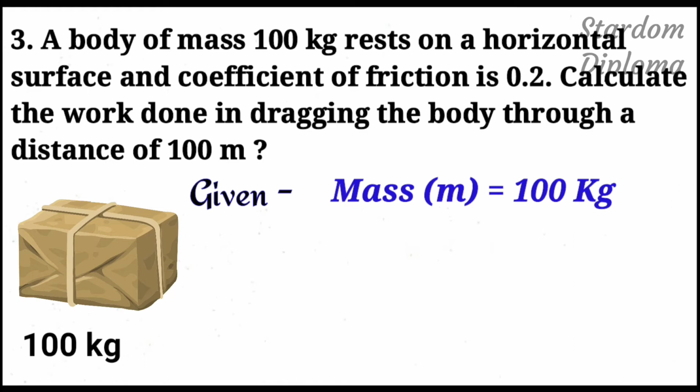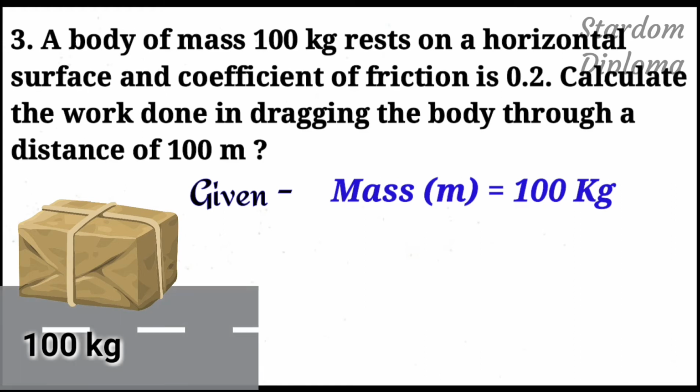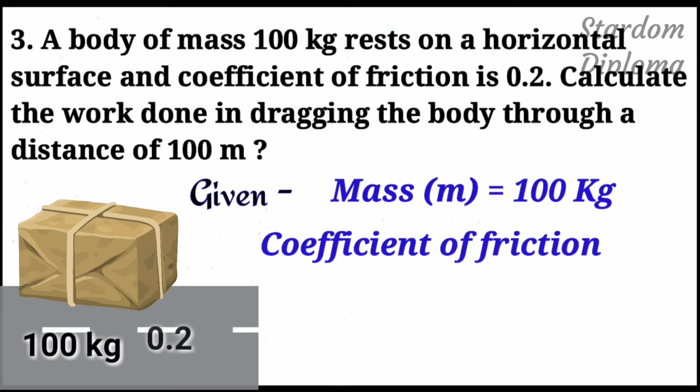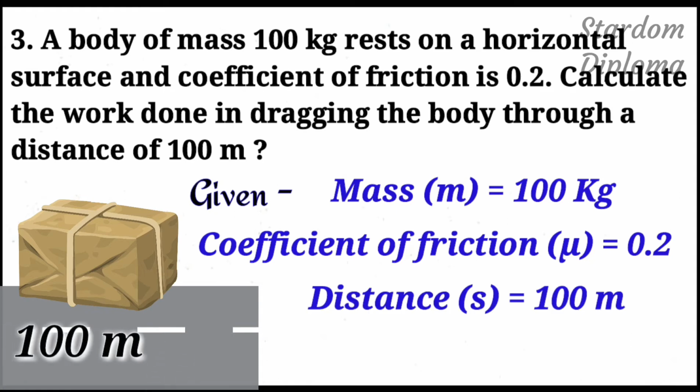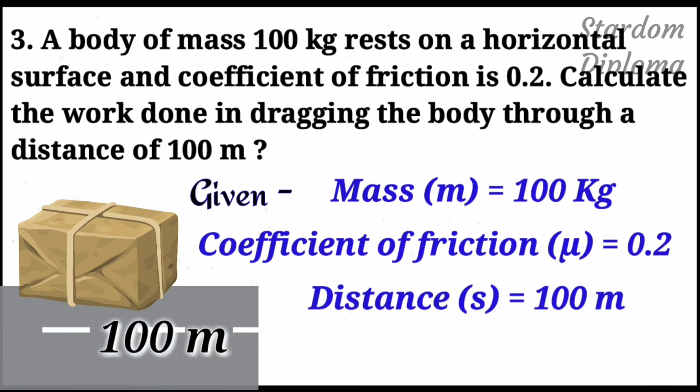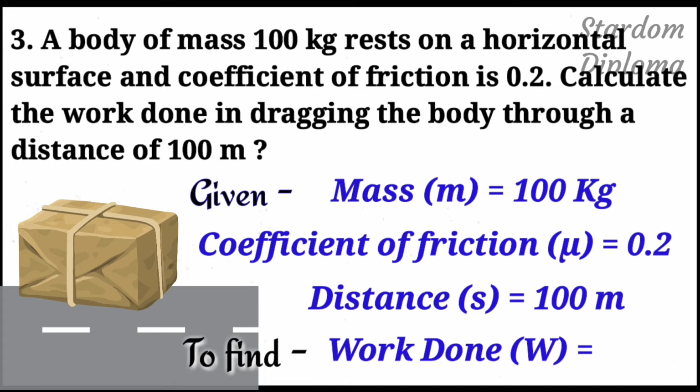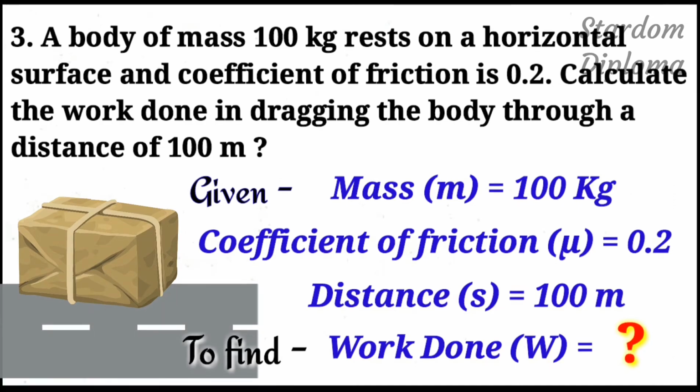This body is resting on a horizontal surface and the coefficient of friction between the body and the surface is 0.2, and the body is being dragged through a distance of 100 meters. So these are given in the question and we have to calculate the work done. In step 2 we are writing W is equal to question mark, that is we need to find the work done in dragging the body.